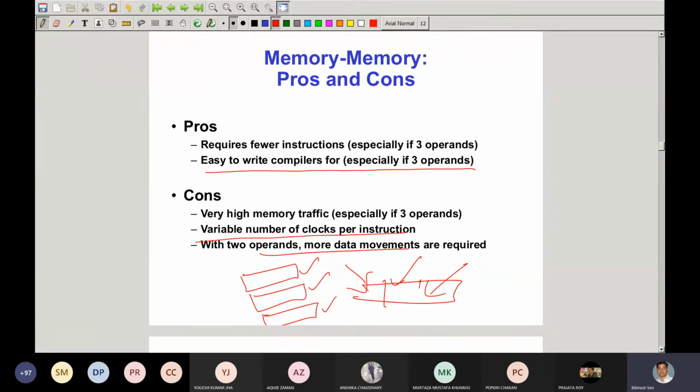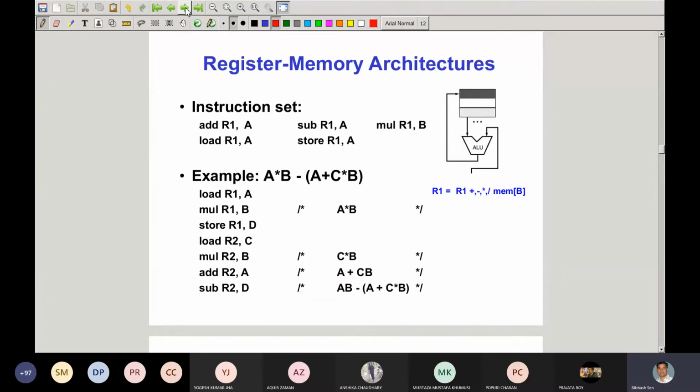But here, when multiple memories are accessed, memory 1, memory 2 and memory 3, you have to wait for the memory cycle, and memory is slower, so multiple clock cycles will be wasted executing a single instruction. So that is the one bottleneck in this problem, but otherwise very few instructions are required.